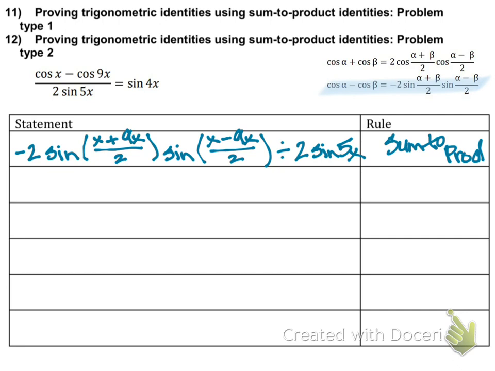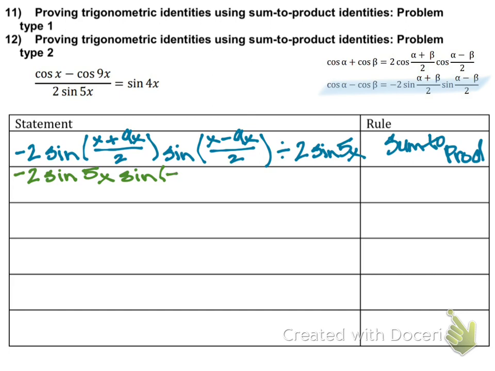And so we can make it negative 2 times the sine of, actually, let me not write it as horizontal division. Negative 2 times the sine of x plus 9x is 10x over 2 is 5x, times the sine of x minus 9x is negative 8x, correct?